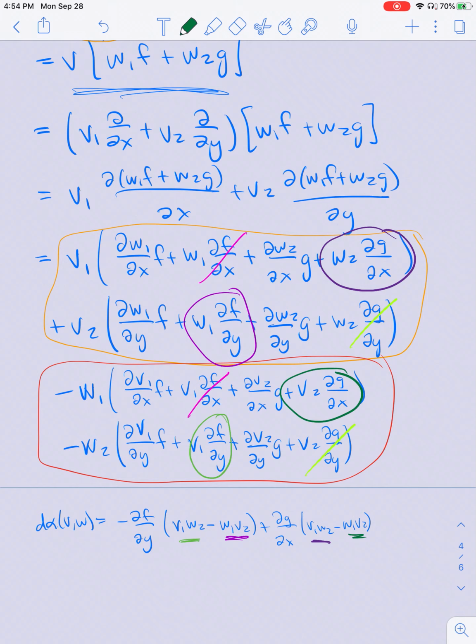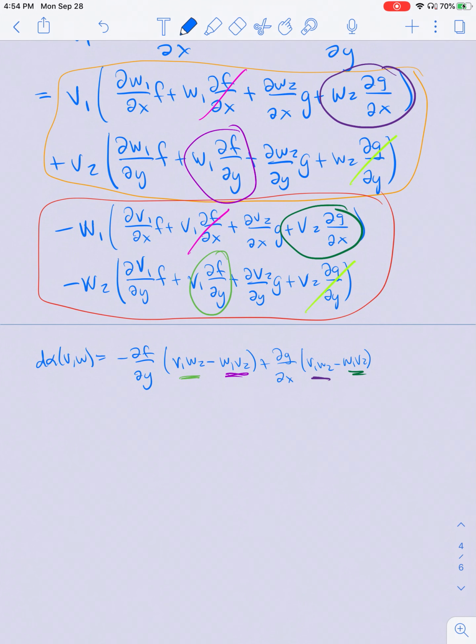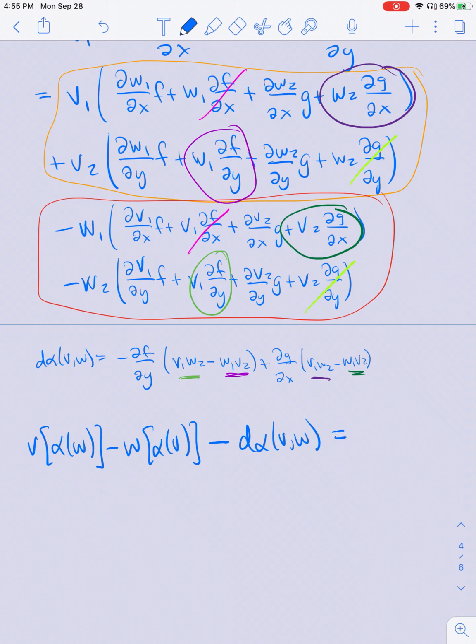So what I'm left with, so what remains is what I can write, is that the difference between v alpha of w minus w alpha of v and d alpha of vw is equal to all the remaining terms.